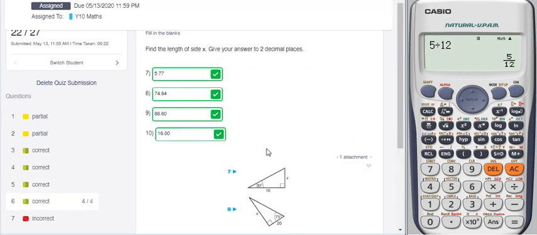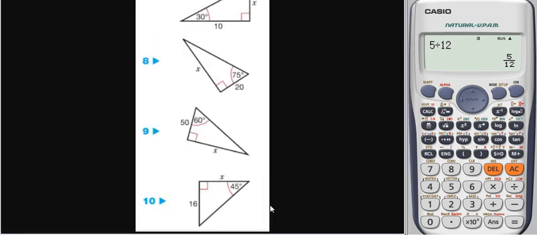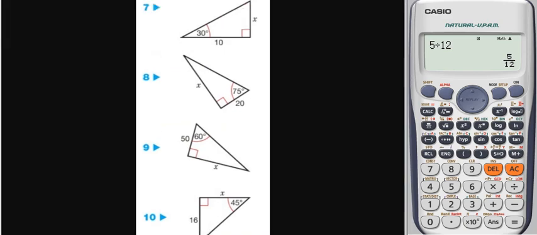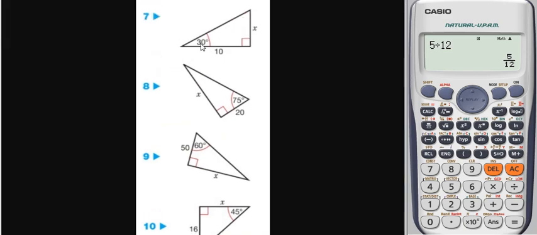So let's go for the next one. Find the length of side X. Give your answer to 2 decimal places. Okay, the length of side now. Let's go. So once you have one side, 10, and you have one angle, you can find any length or any angle in your straight-sided triangle.